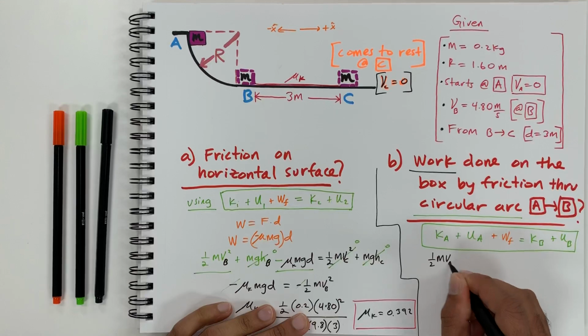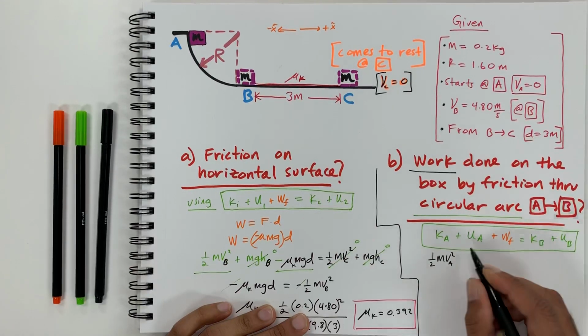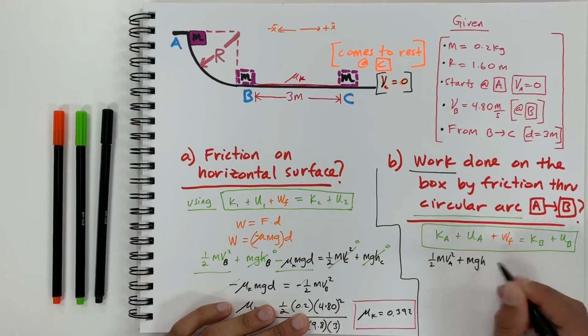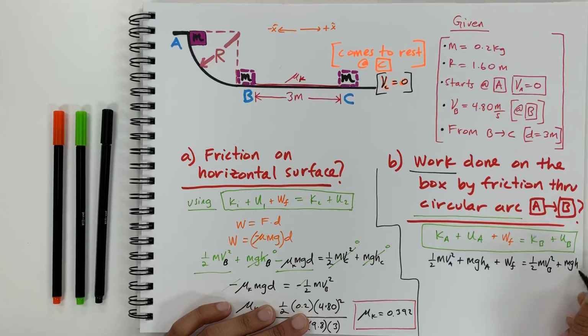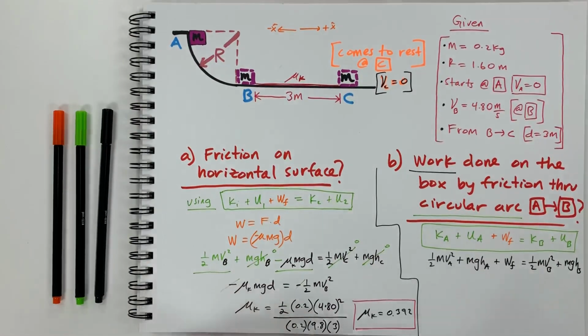So let's do 1/2 m v at A squared plus m g height at A plus work due to friction equals the 1/2 m v squared at B and m g h at B.